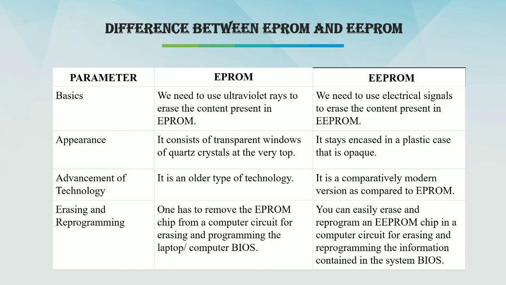Appearance: EPROM consists of a transparent window of quartz crystal at the very top, whereas an EEPROM stays encased in a plastic case that is opaque. Advancement of technology: EPROM is an older type of technology, whereas EEPROM is a comparatively modern version.